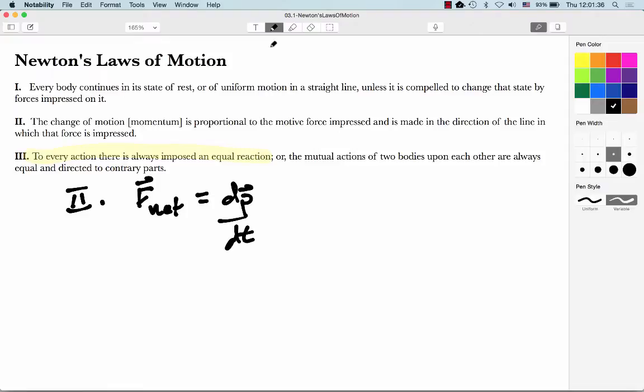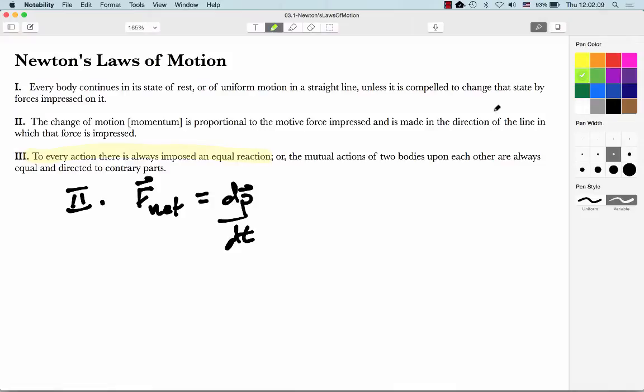But that wound up creating problems, as it kind of gives the false impression that perhaps first one force acts and then the reaction force happens. It's just an unfortunate way that English works. So in later editions, Newton added the bit after the semicolon saying, or the mutual actions of two bodies upon each other.